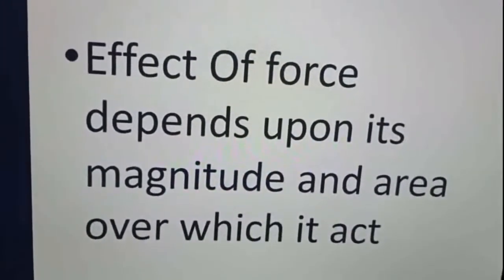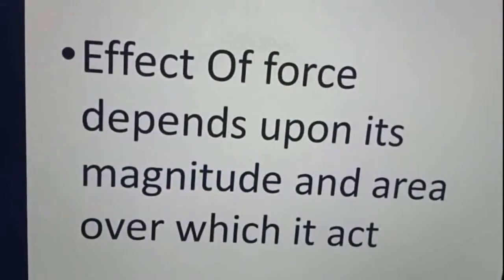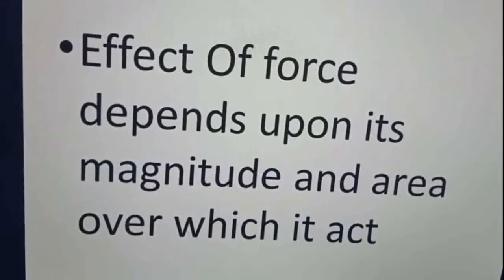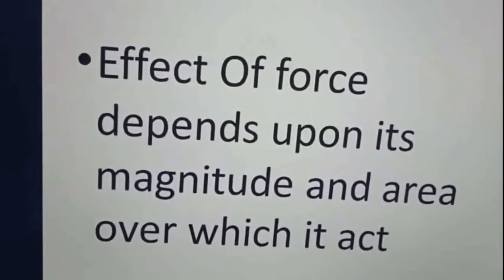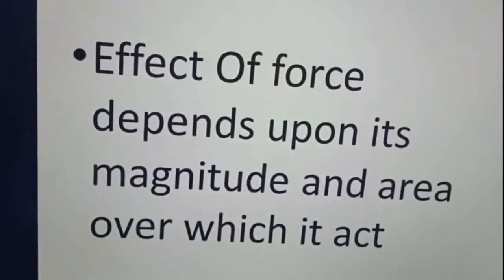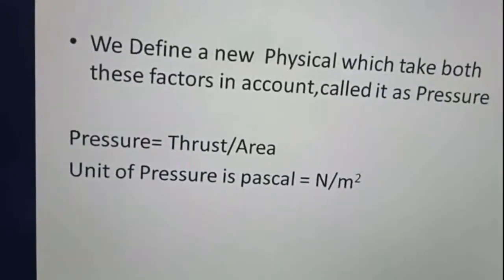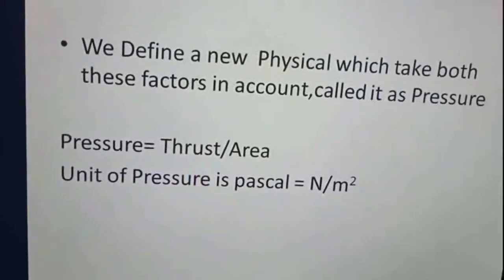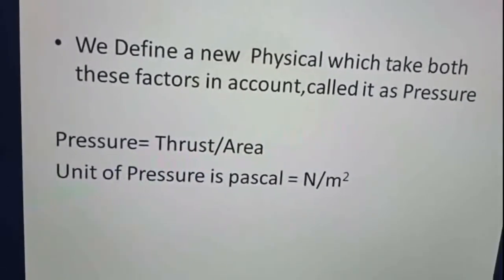So we observe that the effect of the force depends upon its magnitude, meaning the amount of force applied, and the area over which it acts. So now we define a new physical term which takes both these factors into account.